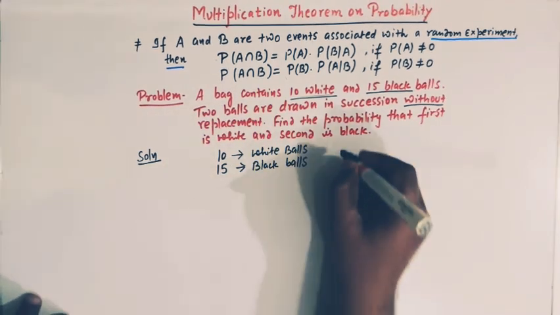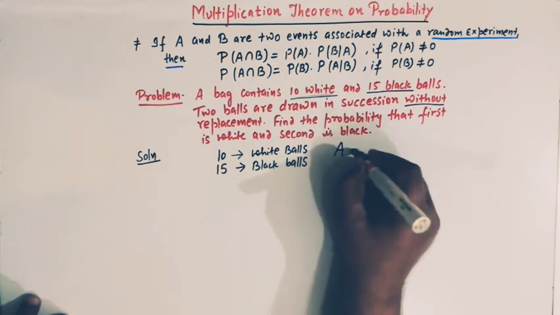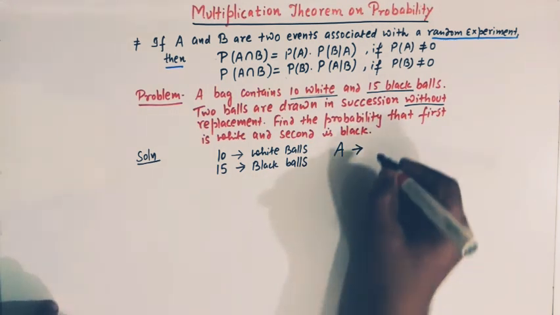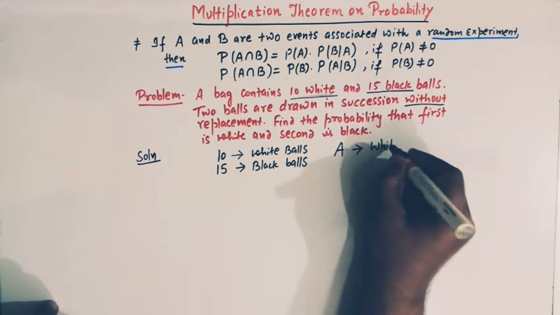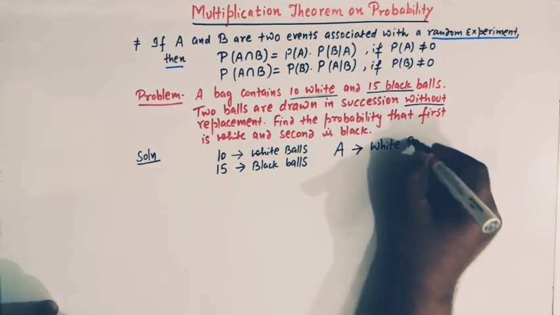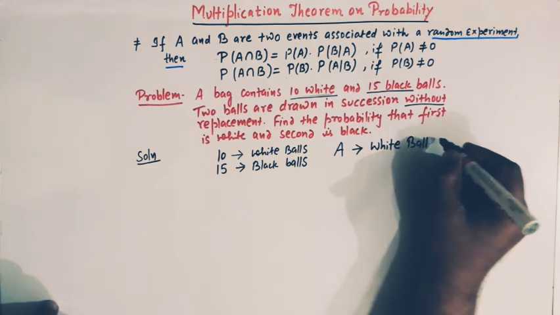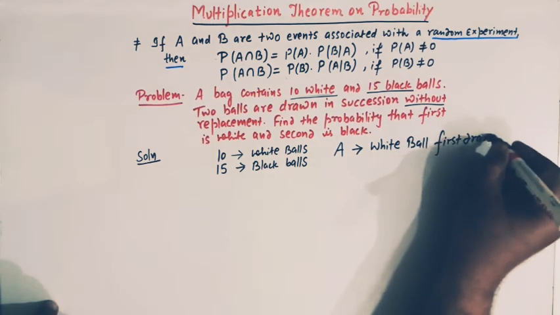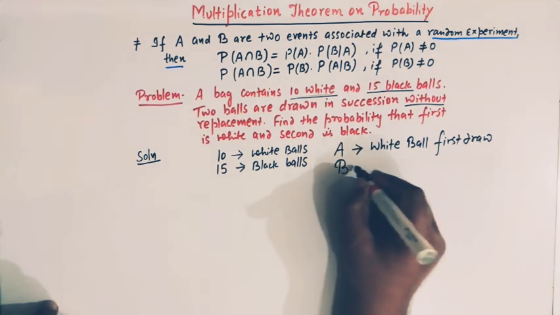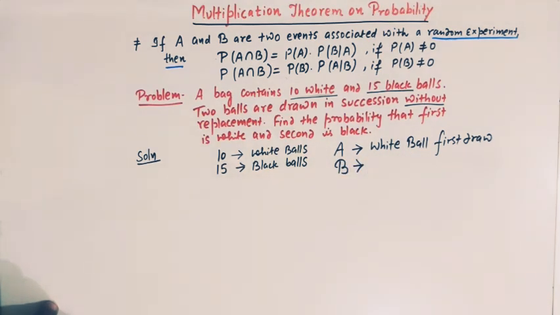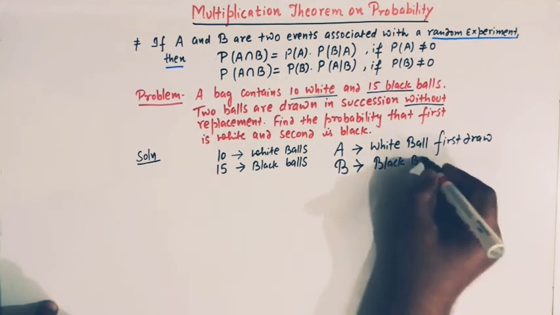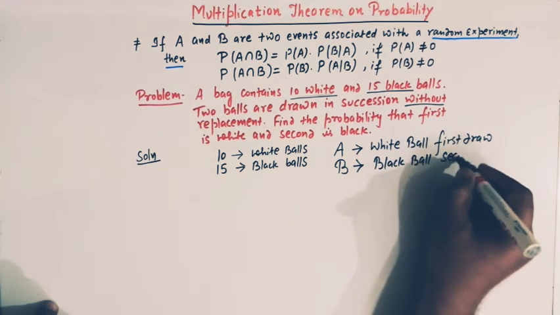Let us assume the event A represents a white ball in the first draw, and the event B represents a black ball in the second draw.